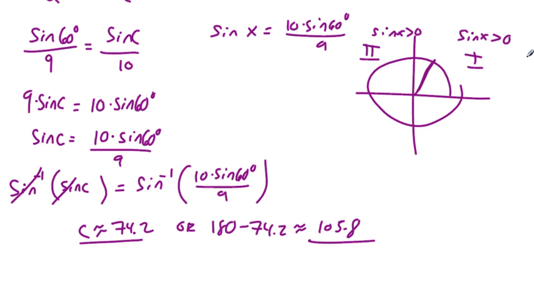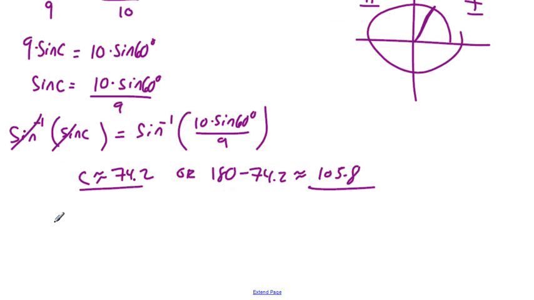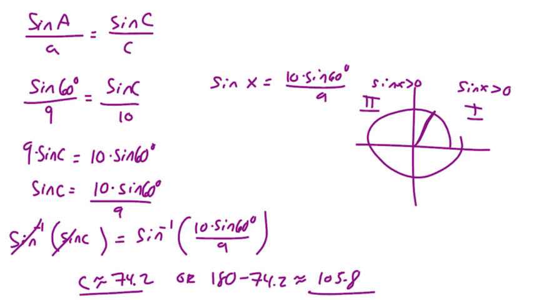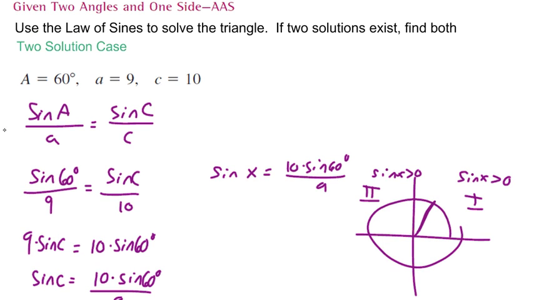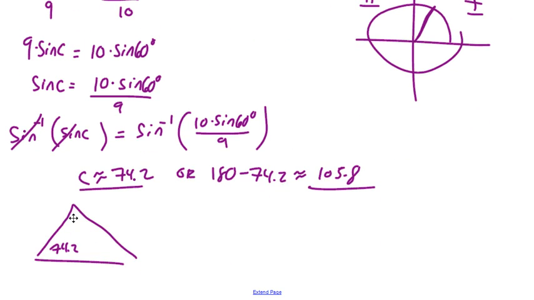One more way to look at this, maybe if I take a different approach here. Say if I draw a triangle now, and I make one of my angles 74.2, and then what else was given to us? We were also given that angle A is 60 degrees, right? So that means the other one's going to be 60 degrees right here.